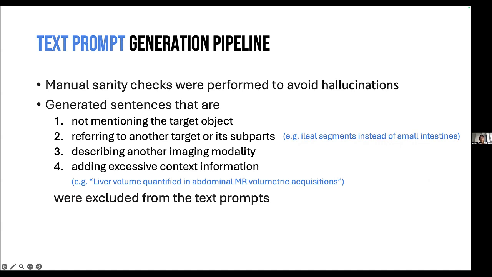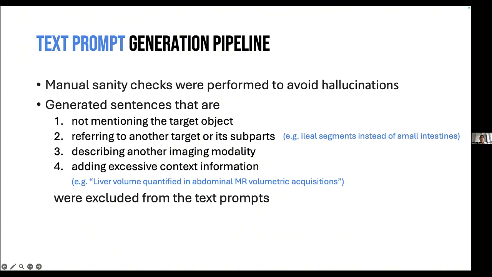And as probably you are aware of at this stage, LLMs actually suffer from strong hallucinations. So to avoid that, we did manual sanity checks for every sentence generated. We identified four key major failure types, and we would manually go through each sentence generated by the LLM to exclude any text prompt if any of those four failure types is detected.